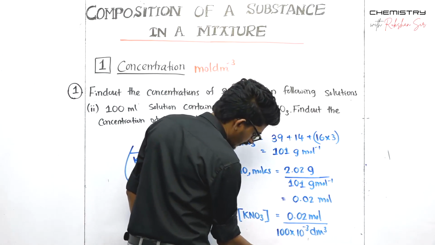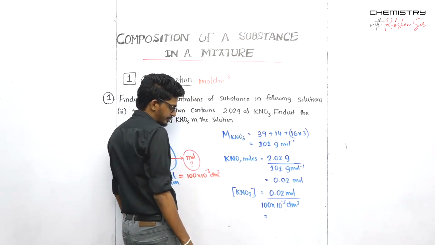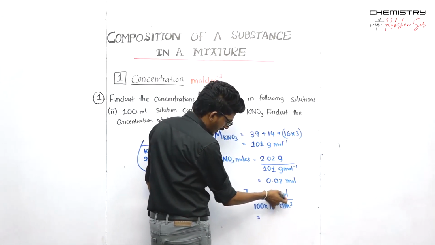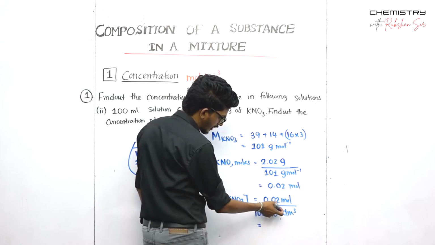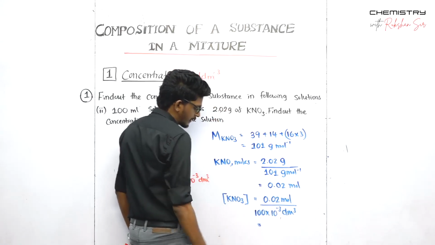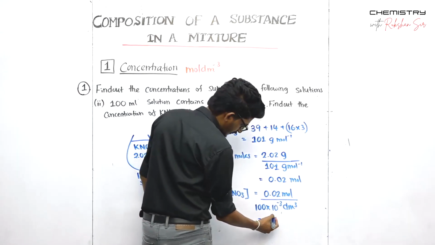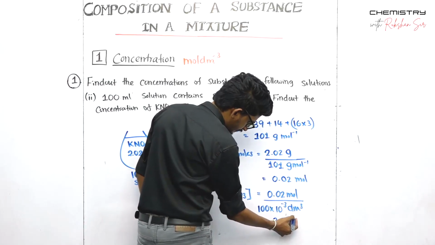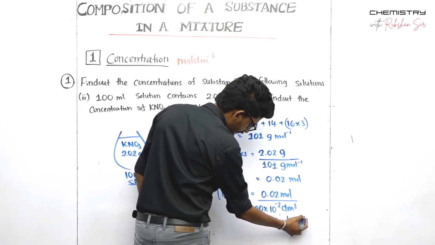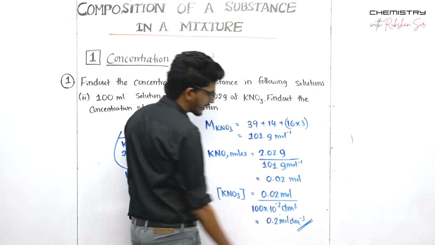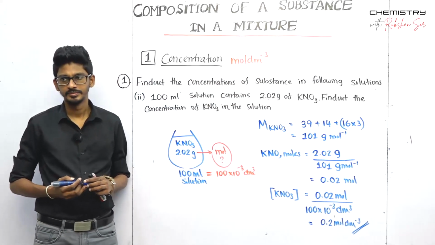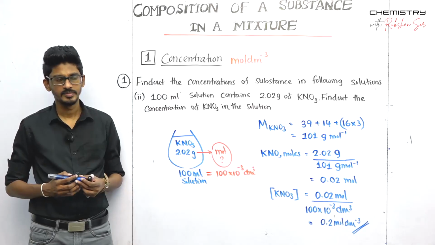This 10 to the minus 3 comes to the top as 1000. The 20 over 100 is actually 0.2. So that is the concentration of KNO3 in the solution. Okay.